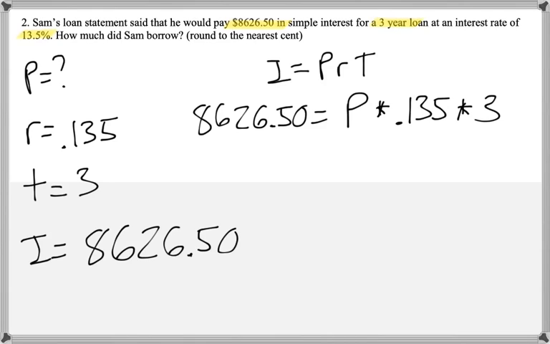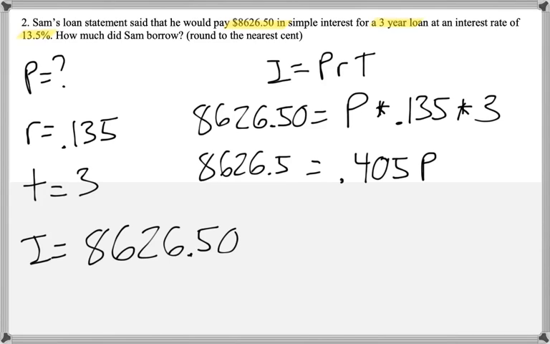So on the right, if you take 0.135 times 3, you get 0.405. So it's 0.405 times P. And then you want to divide both sides by 0.405.